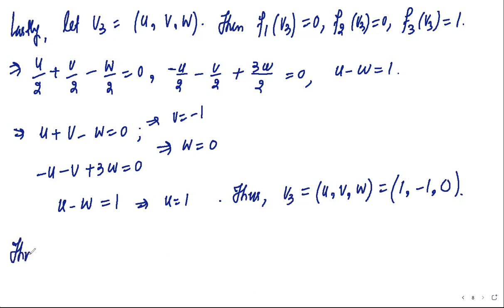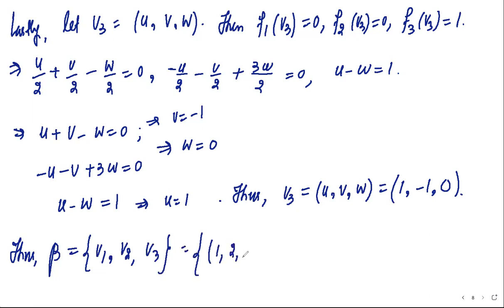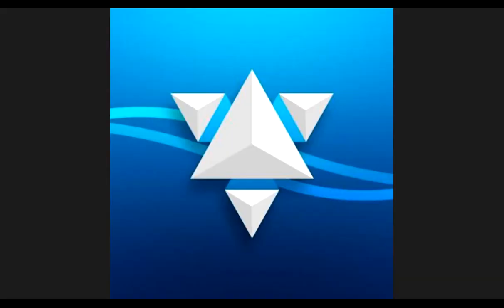So thus beta is equal to {v1, v2, v3}, and this is equal to {(1, 2, 1), (1, 0, 1), (1, -1, 0)}. And now we have obtained this beta by using the dual ordered basis beta star. So let's stop now, and today we will do only this much.